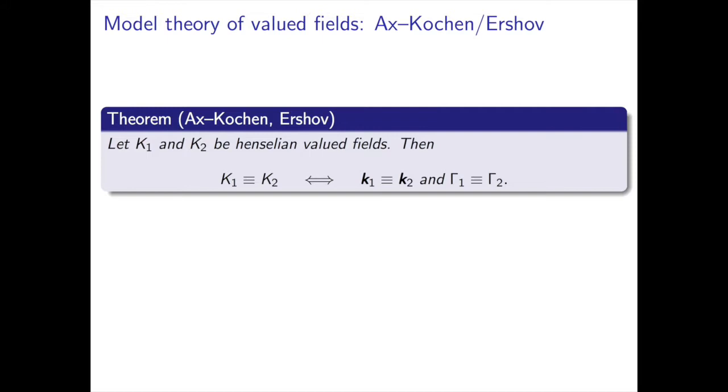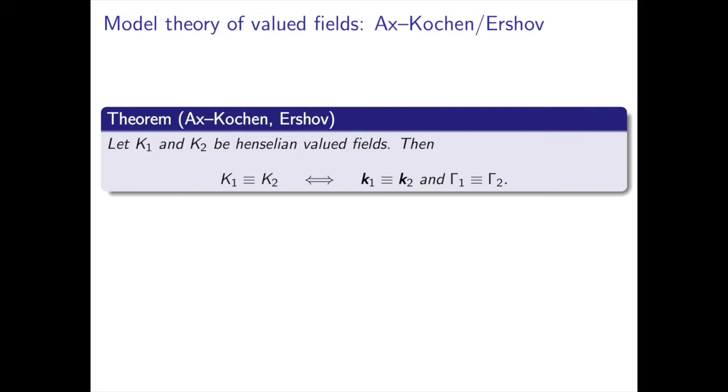So this is a well-known theorem of Ax-Kochen and Ershov that says two Henselian valued fields are elementarily equivalent, in the sense that they have the same first order theory, maybe you take the language to be just the language of rings plus a predicate for the valuation ring, if and only if their residue fields and value groups are.